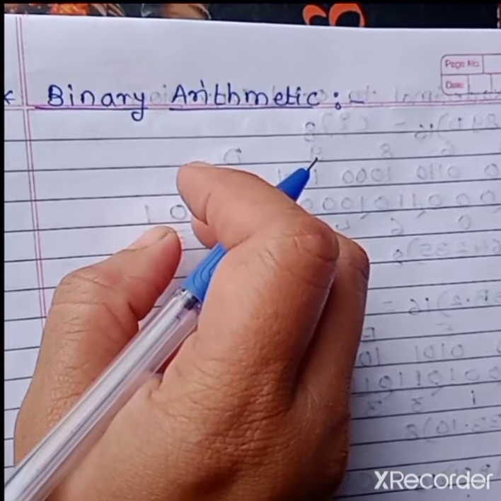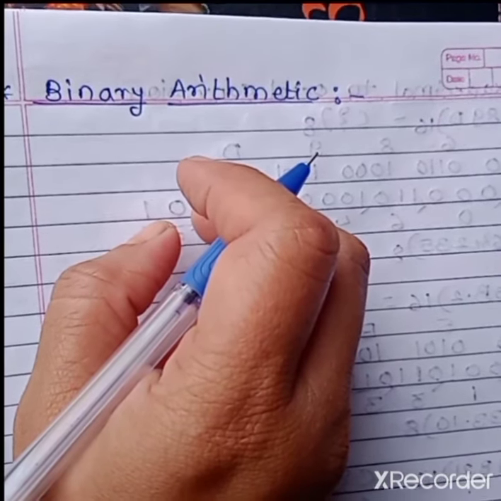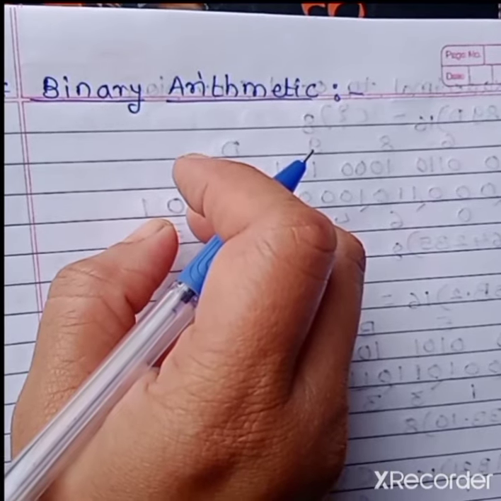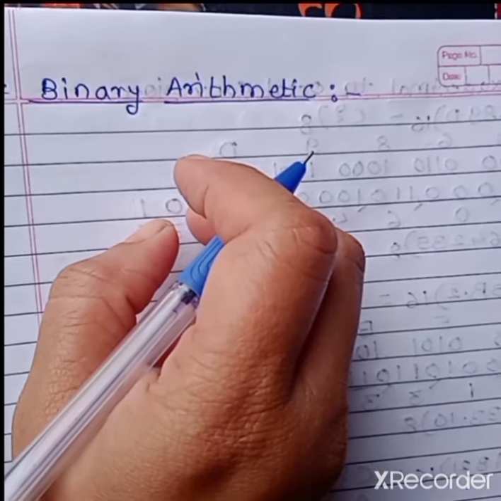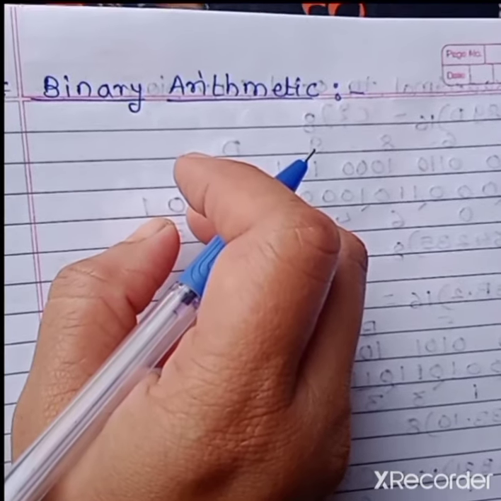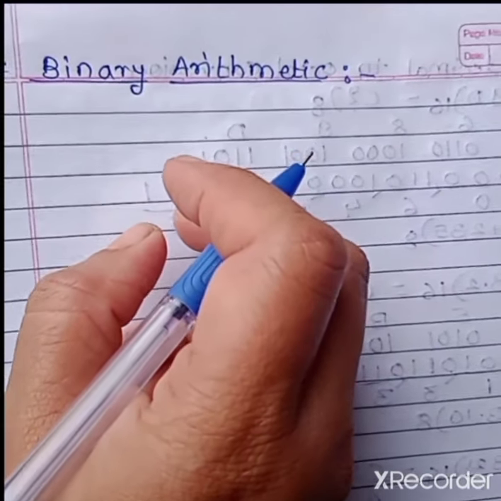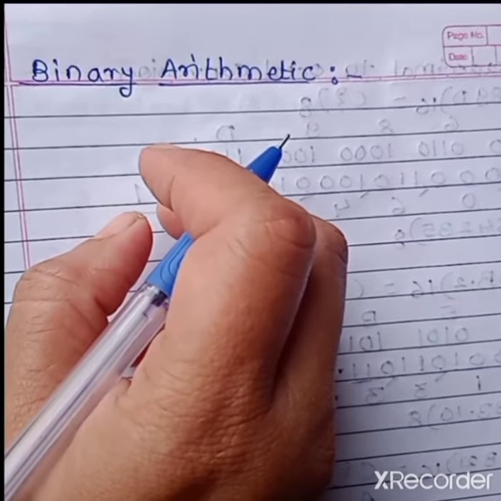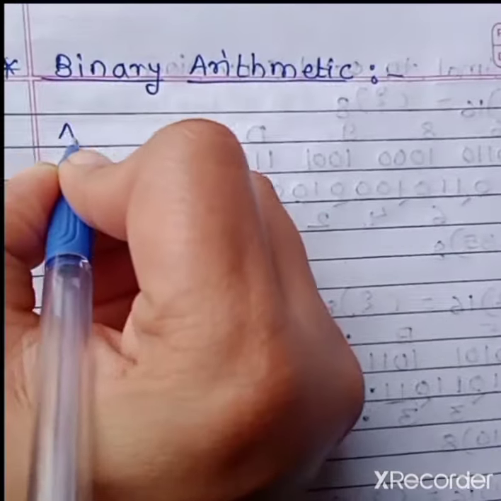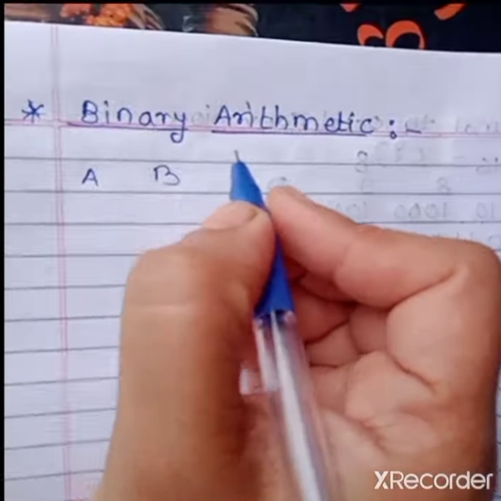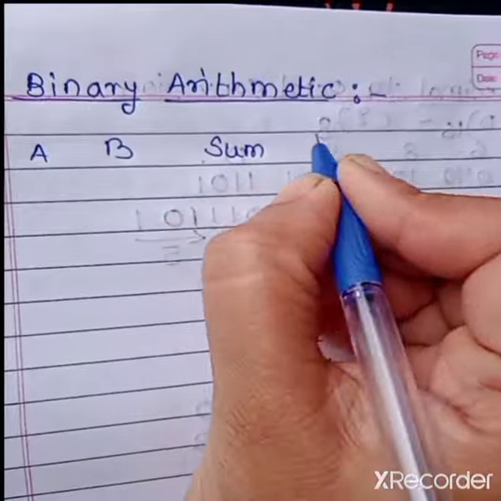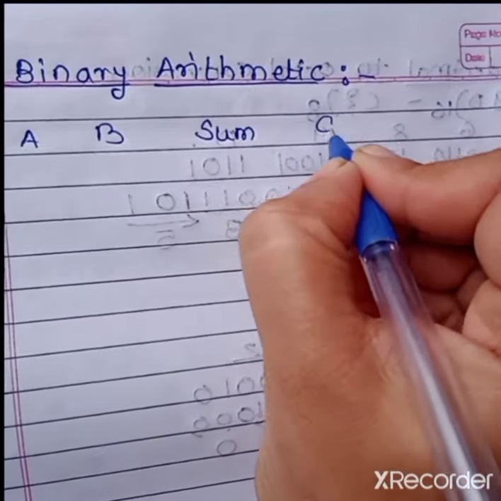Some rules are given for how to do binary arithmetic. We'll perform the basic operations with the help of some basic rules. These are very simple and very interesting rules. Once you understand how to do it, you will enjoy doing such operations for digital techniques.